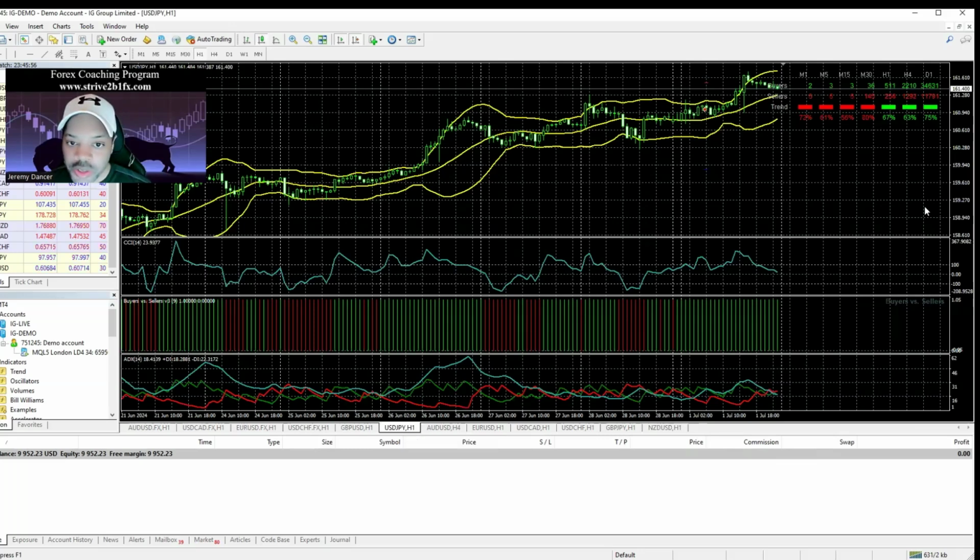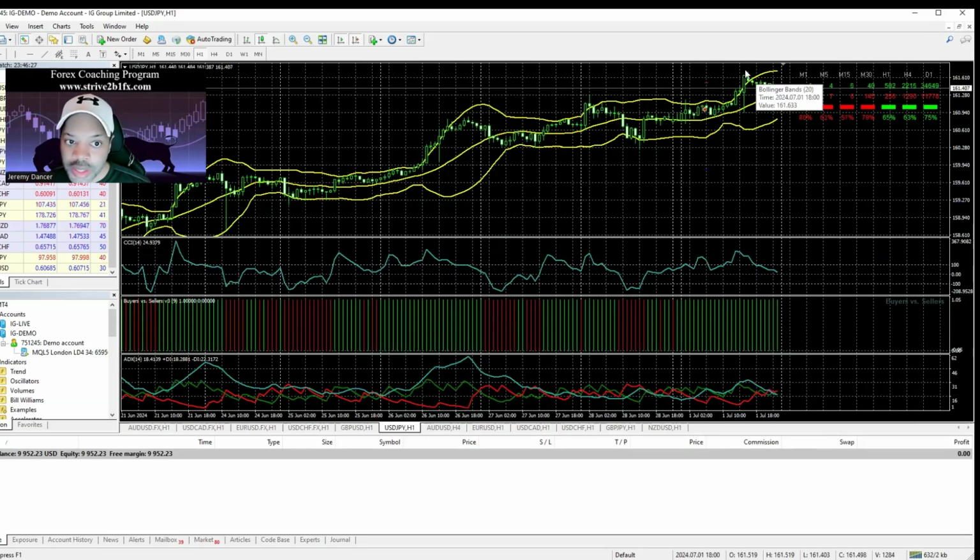I wanted to check one more thing before I turn it on. So the New Zealand US dollar kind of follows the Australian US dollar, and the Australian US dollar and the New Zealand US dollar do the opposite of the US dollar Japanese yen. So if I'm buying the Australian US dollar or the New Zealand US dollar, I should be selling the US dollar Japanese yen. So if we just do a quick analysis here, we can see the CCI is going down, which is telling us the momentum is going down.